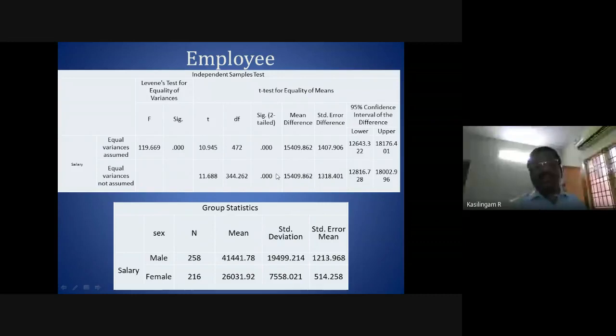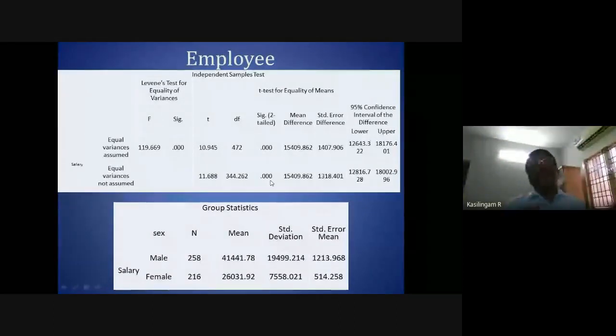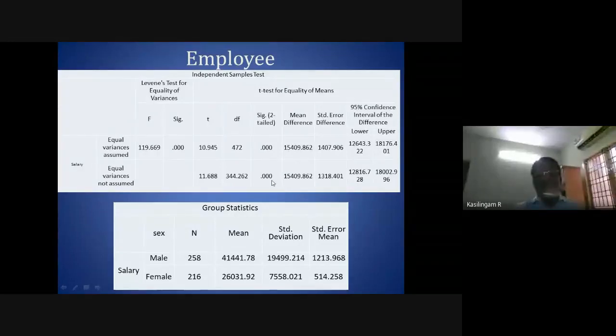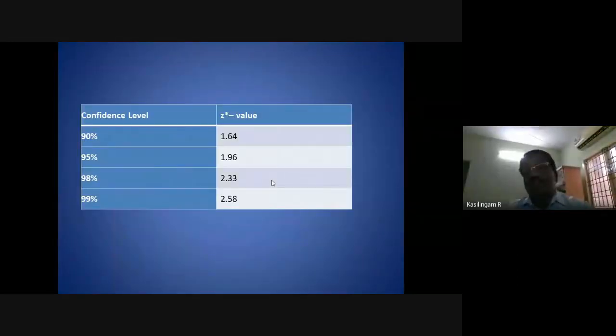Here my t value is 11, which means there is a difference. So you can look at the significance value, or you can look at the t value. If my t value is more than 1.96, then I can say there is a difference at the 5% level of significance.